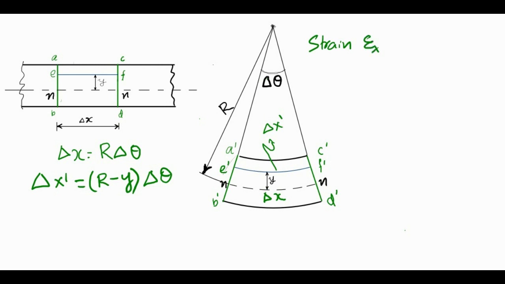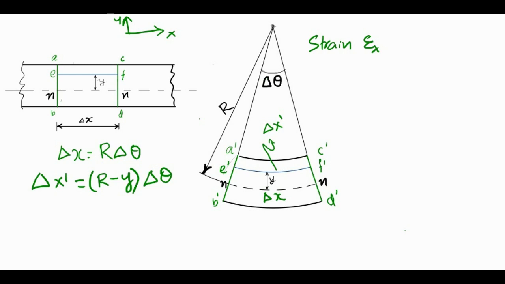So here, this is in the direction of x. Actually the x axis was in this direction and y axis was in this direction. So this is in the direction of x, so the normal strain will be the normal strain in x direction.